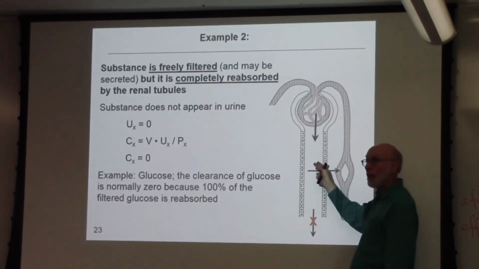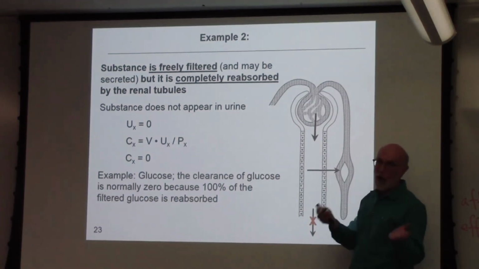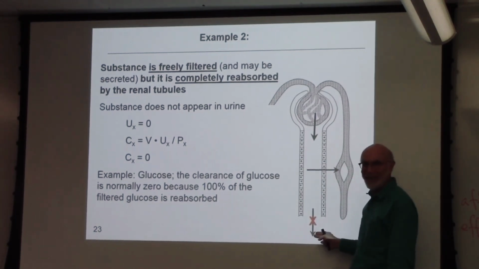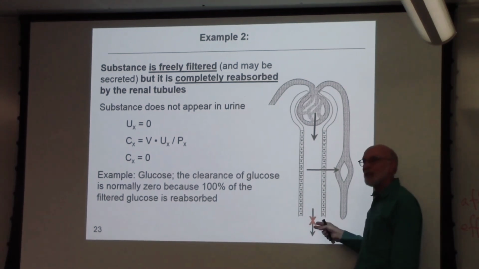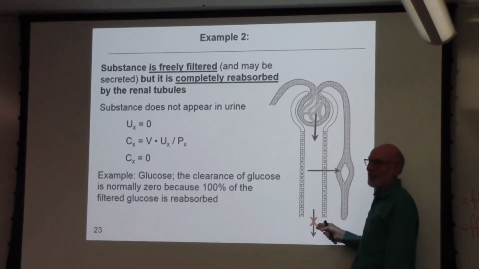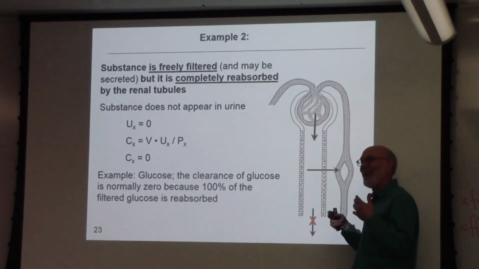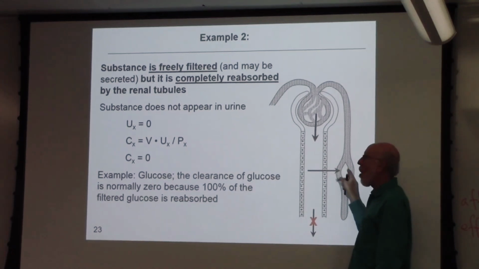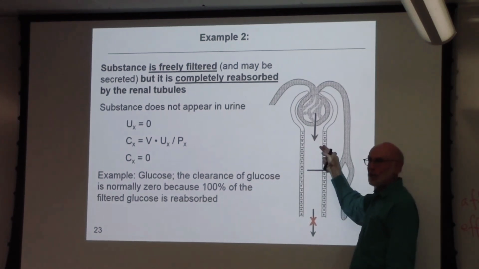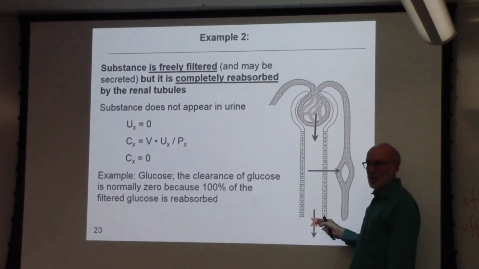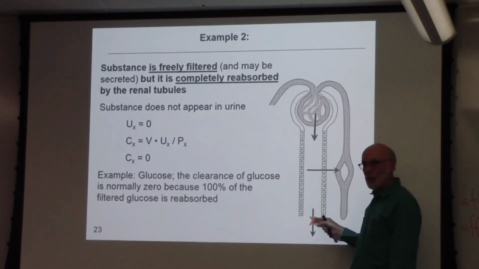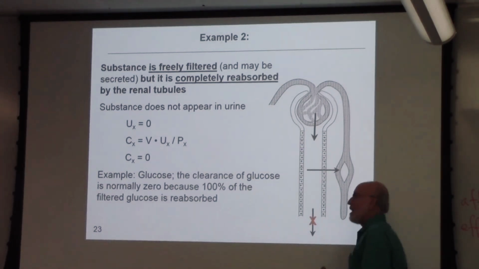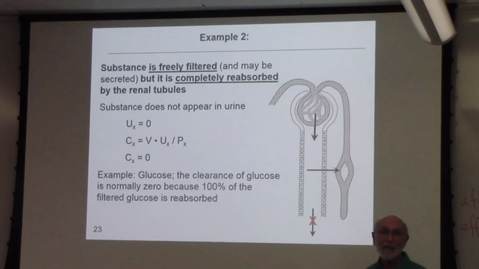Glucose is small enough to be freely filtered, but we have excellent mechanisms in the proximal tubule for reabsorbing glucose so that we don't pee it away. We have excellent mechanisms to reabsorb all of the filtered glucose so that none of it is excreted. So the clearance of glucose is 0. We don't clear it. If you have glucose in your urine, it's a sign of diabetes.